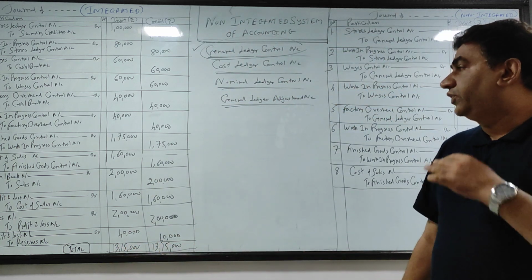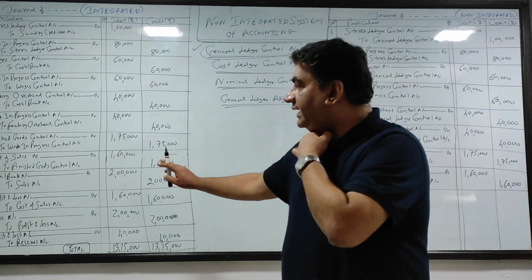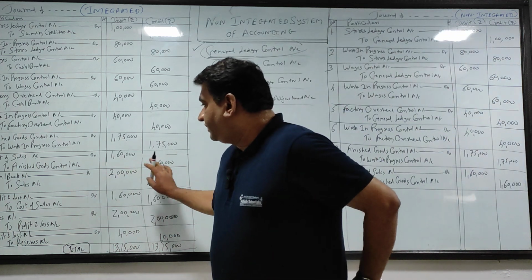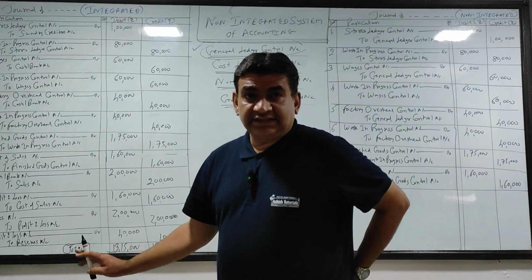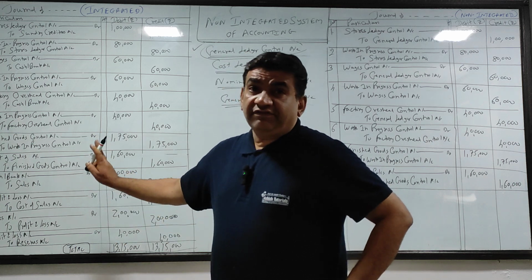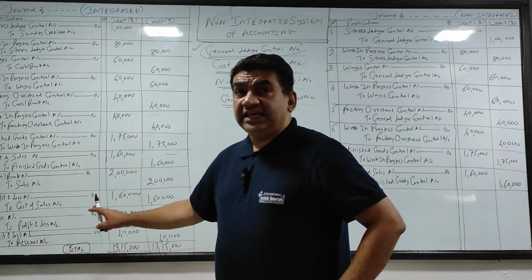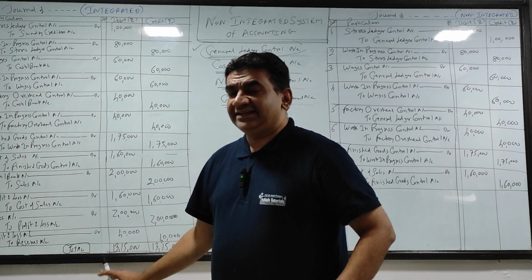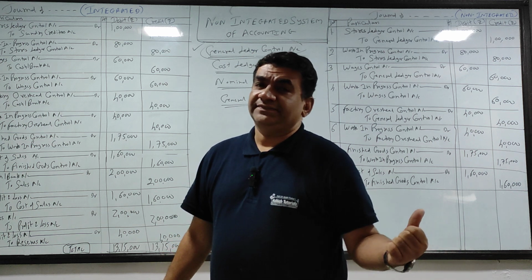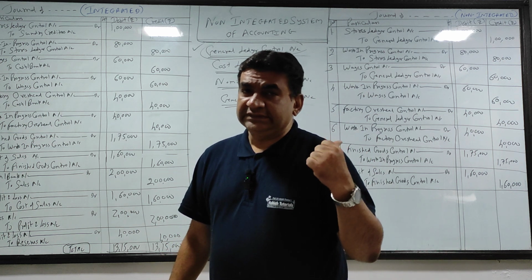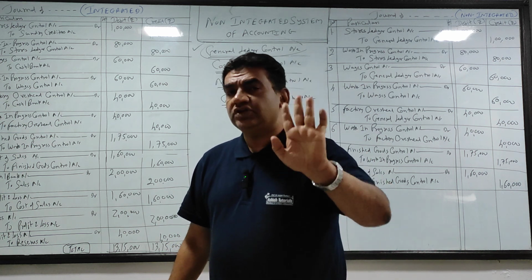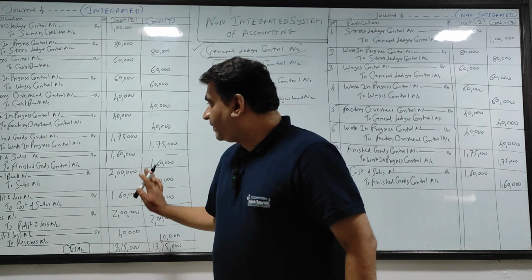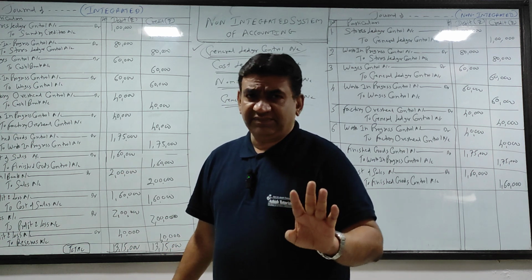Now we come to the important point. Number 9: cash bank debit 2 lakhs to sales 2 lakhs. Cash bank is financial, sales is financial. But here there is cost. So what will you do? Now see, guys, here. So let's go step by step. Cash bank is debited, goods are sold in cash, nothing mentioned.